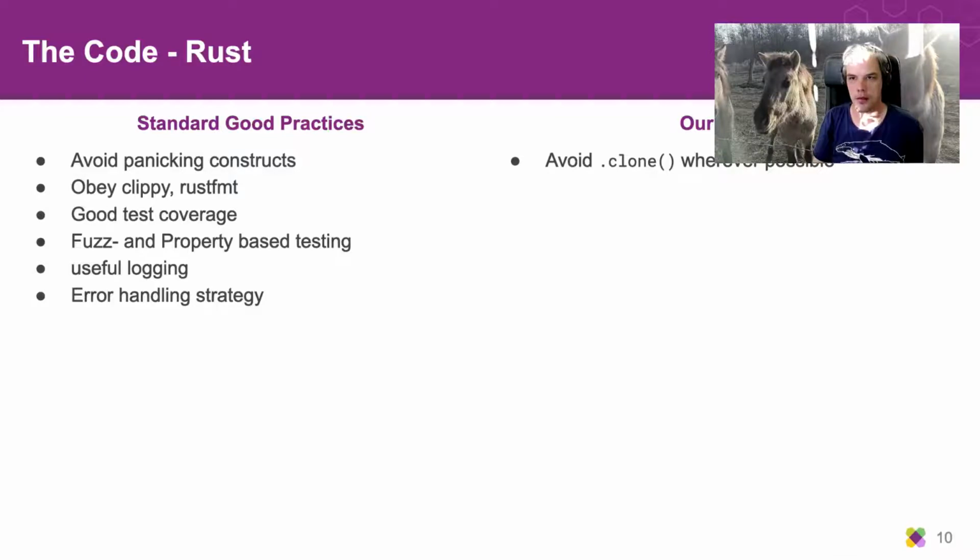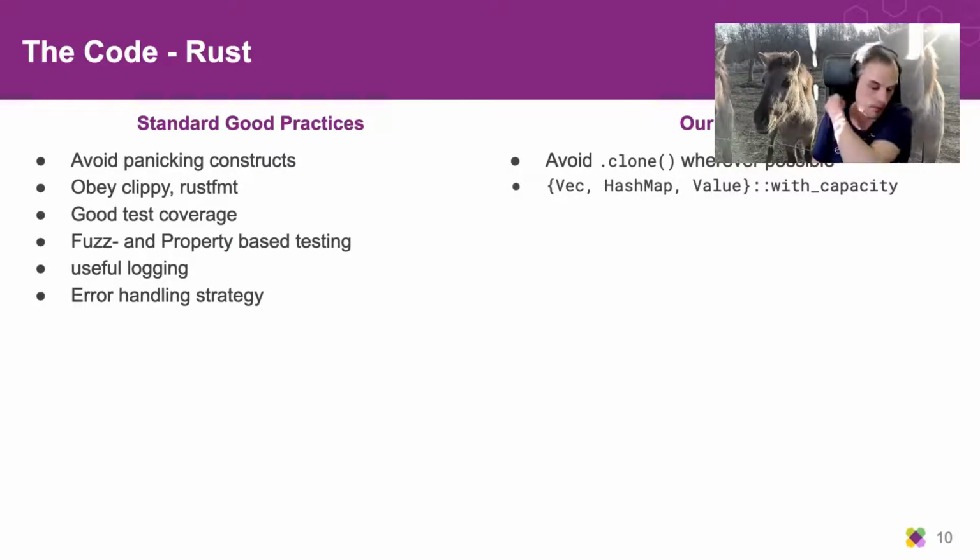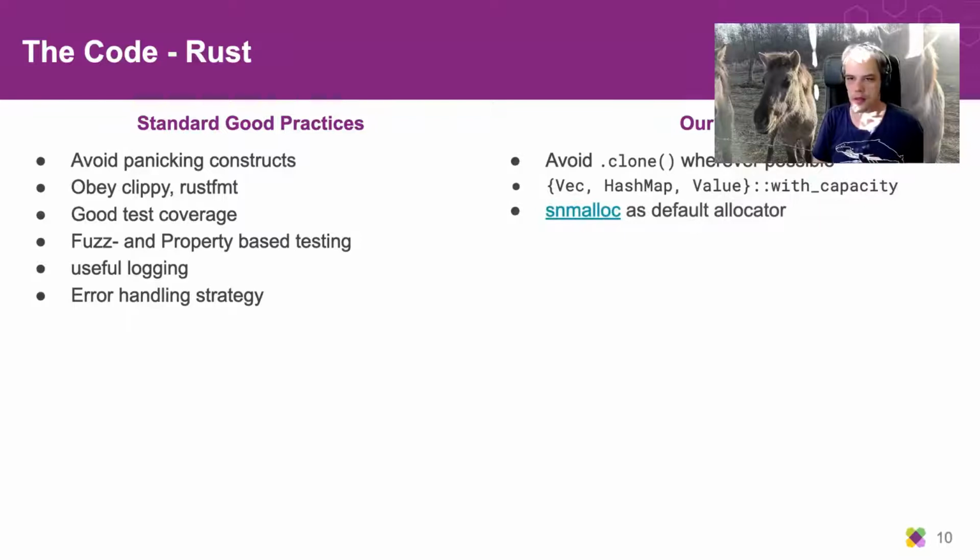And obviously we spare allocations. We use data structures with capacity, so we allocate some big chunk up front and then fill it. There's no magic, everybody knows. And because this is all about saving on allocations, we use Microsoft's SNMalloc as our default allocator, which is an allocator based on message passing.